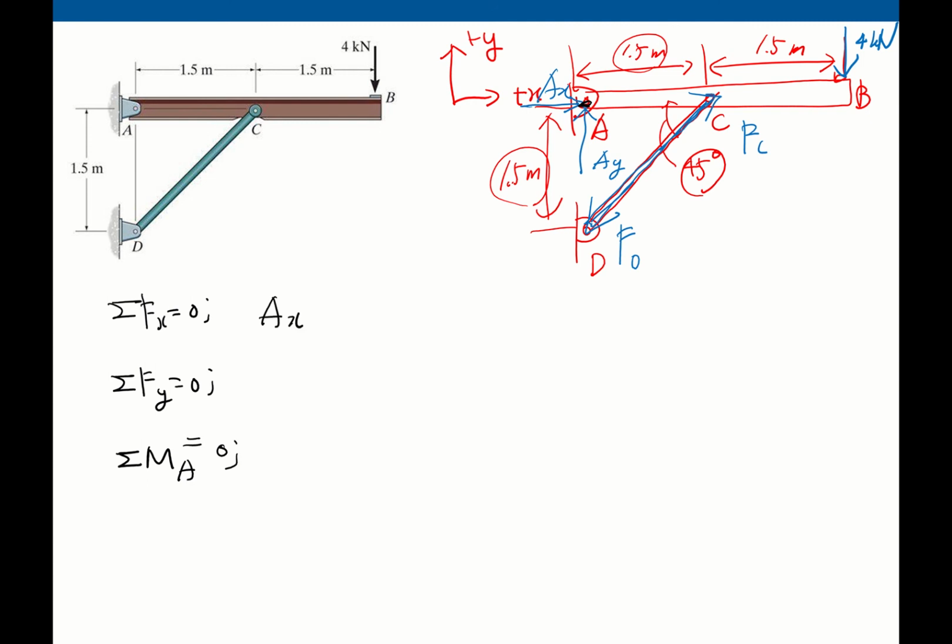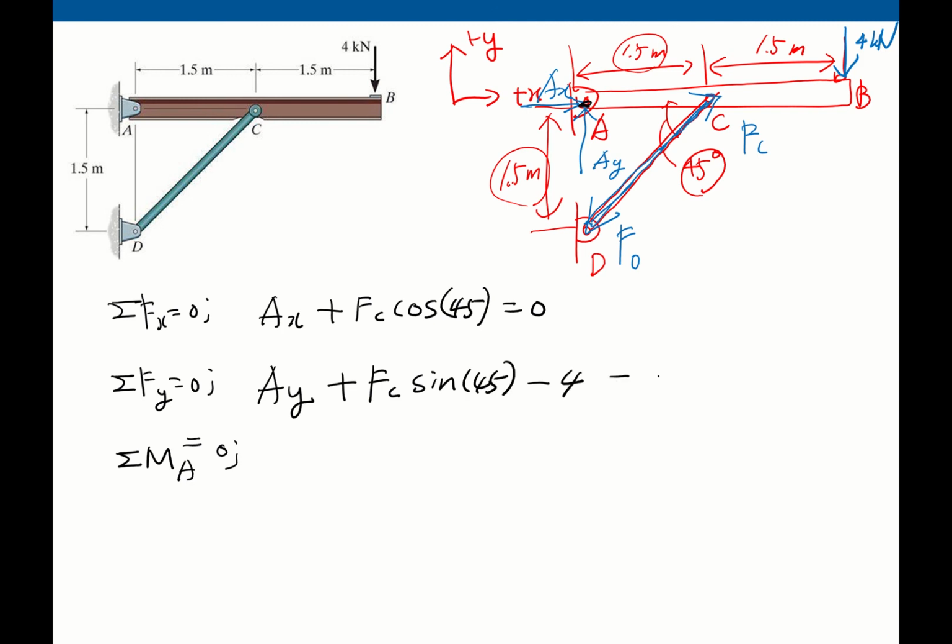How about the others? We have FC cosine 45. How about the AY? For the y-axis, AY plus FC sine 45 minus 4 is equal to 0.